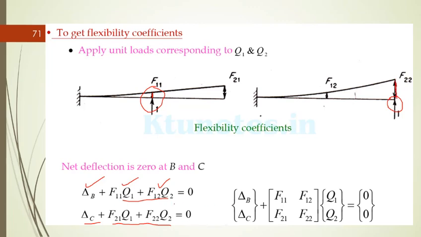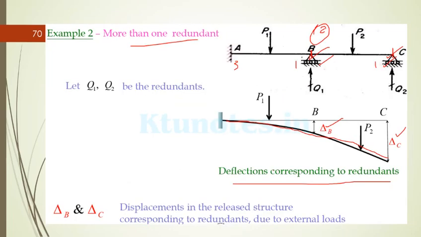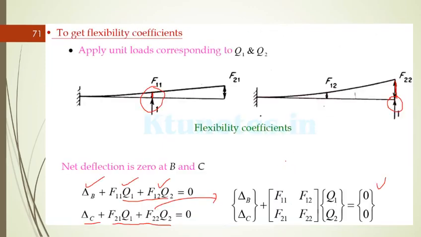Then we write this in flexibility matrix form: delta B, delta C plus F11 F12 F21 F22 into Q1 Q2 is equal to 0. This we can solve to find the reactions once P1 and P2 are given to you.